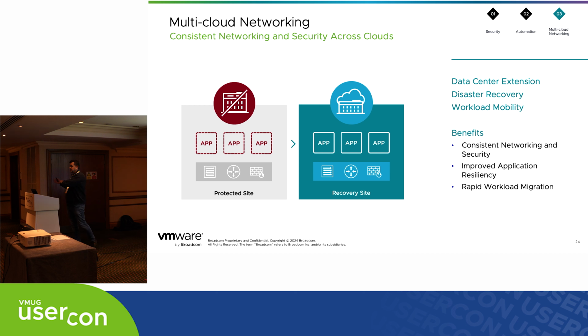The VMs are then in the second location because we've used the tools to get those VMs across. Ultimately, it's going to make your return to normal much quicker, getting workloads back up and running in a much quicker fashion.